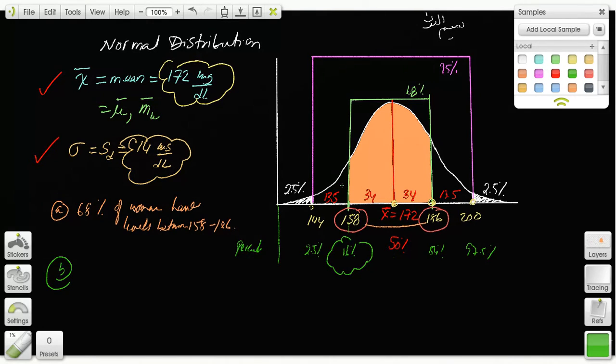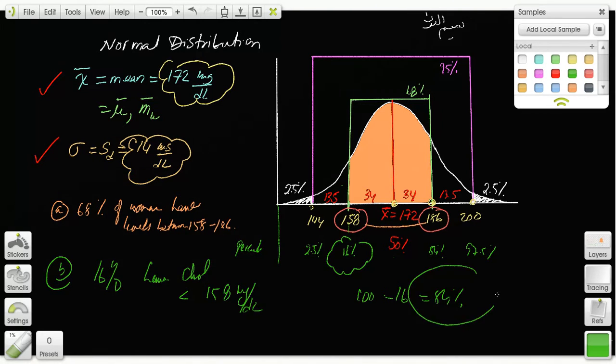So 16% of the women have cholesterol less than 158 milligrams per deciliter. So only 16% of the women are in the desirable range. The rest, that's 100 minus 16%, 84% of the women, are not at a desirable level. They are the ones who have to work on their cholesterol.